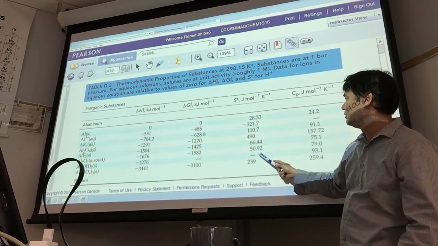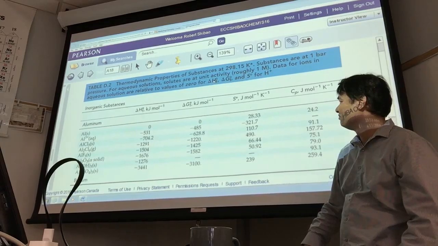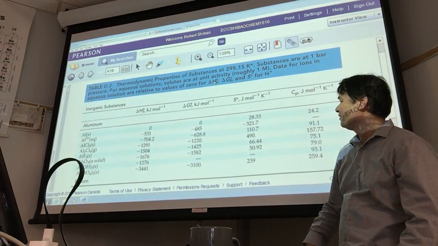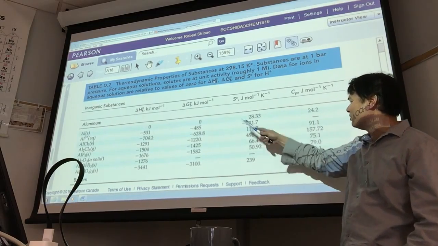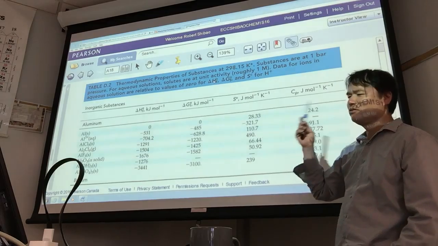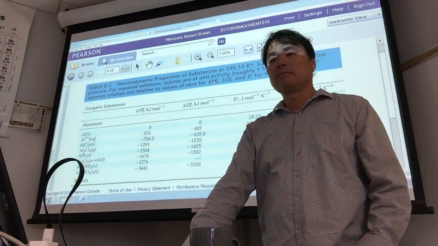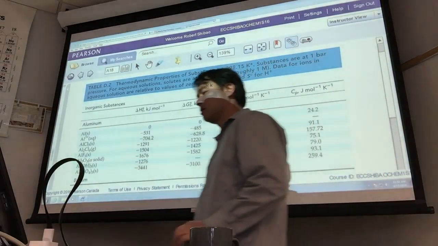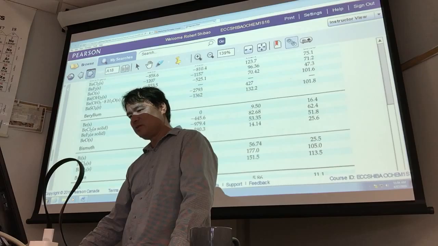We look at those numbers, and well, if this is negative, then what's my 0 for entropy here? This is negative 321. What's the 0 point got to be? This is still H plus. Yeah, it's still H plus. And so it makes sense just to use the same 0 for everything.